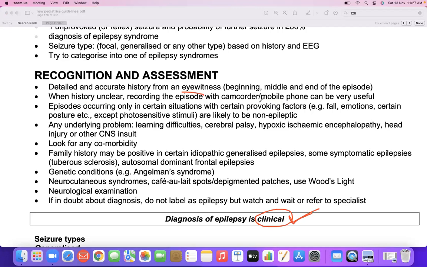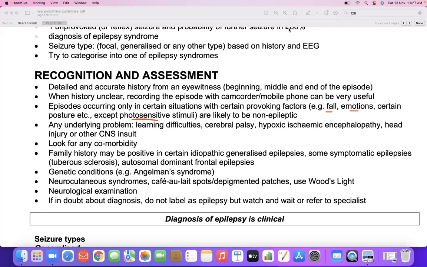At the same time, they can get you a recording on the phone of the episode. Usually the description will be unprovoked, except some features of aura they may feel; photosensitive stimuli can be an aura, but there won't be provoking factors like falls or emotions.